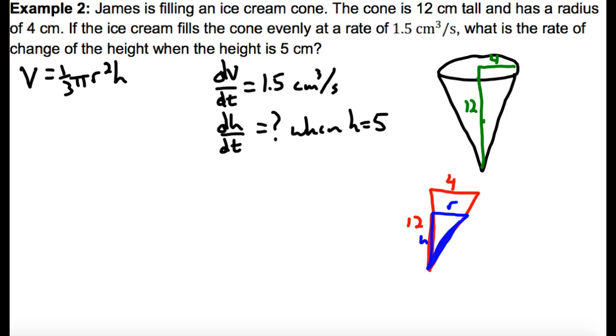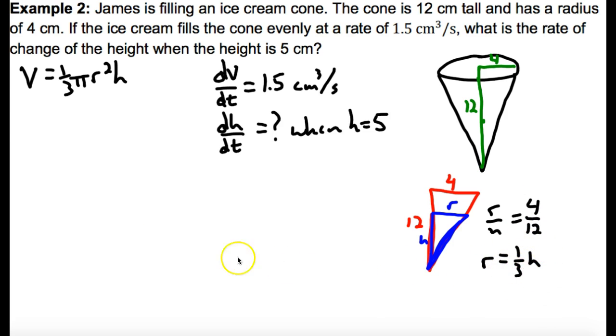I can set up a proportion: r over h is equal to 4 over 12. Now, again, I just want my equation to be in terms of h, so I want to solve for r. If I multiply h over to this side, I get r equals, and 4 over 12 reduces to 1/3, so r equals 1/3 h.